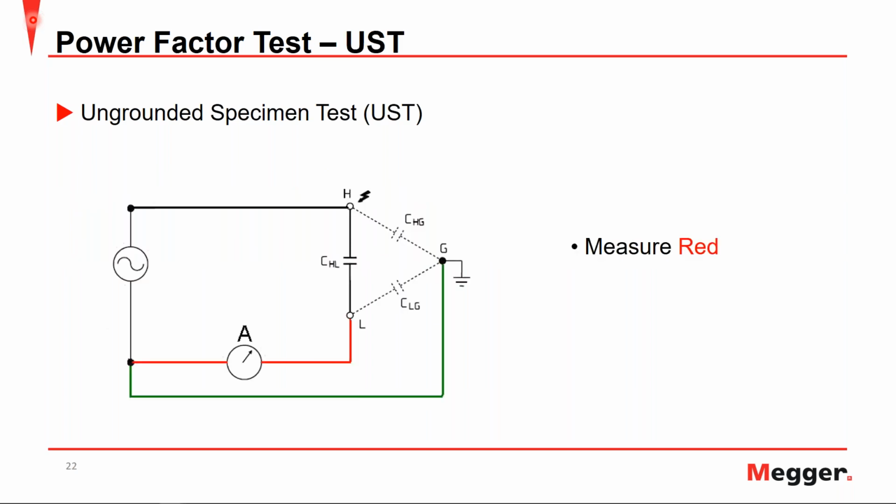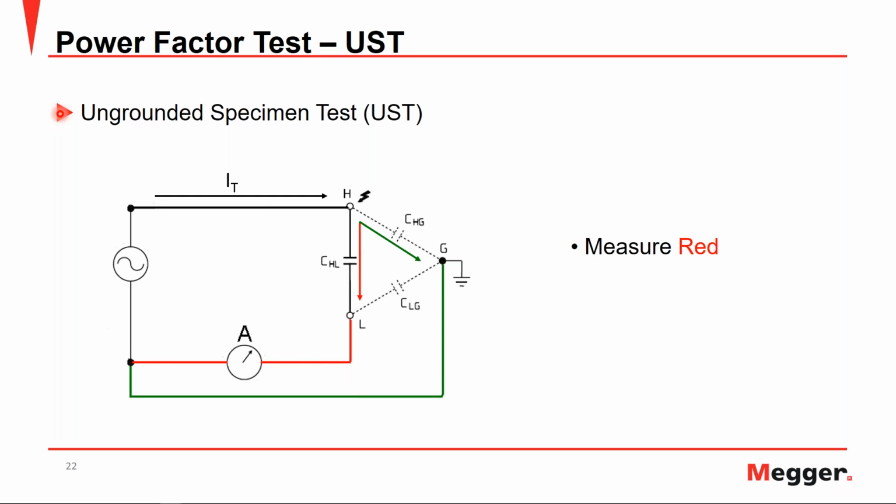First up, we have the ungrounded specimen test, or the UST. In this situation, we have our sine wave, or applied voltage, on the high side, and we can see the measurement lead in red and the ground shown in green. The total injected current is going to split because of the 2 paths, between high and low and high and ground.